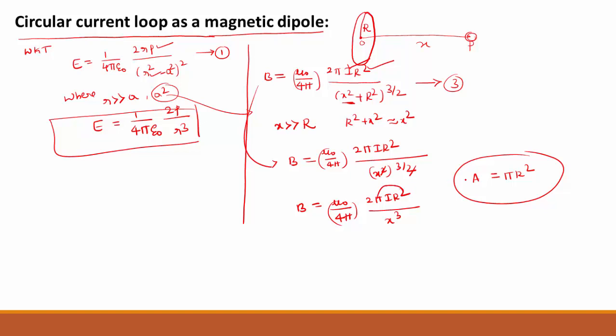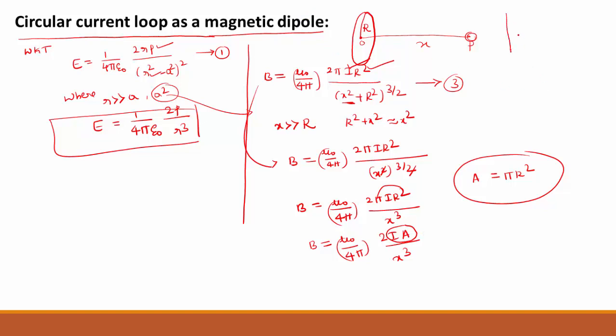Then we write this equation, B is equal to mu naught divided by 4 pi, 2 I A divided by x cube. I into A is the product of the current flowing through the loop and the area of the loop. The product of the current flowing through the loop and the area of the loop is called the magnetic dipole moment.